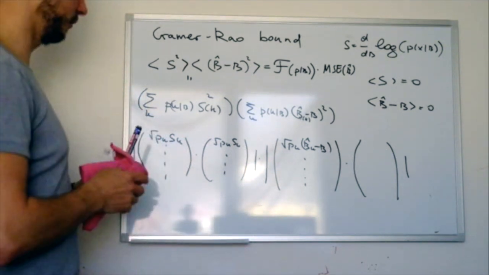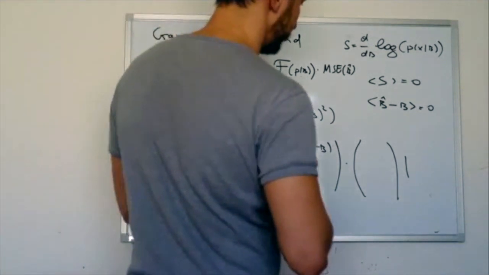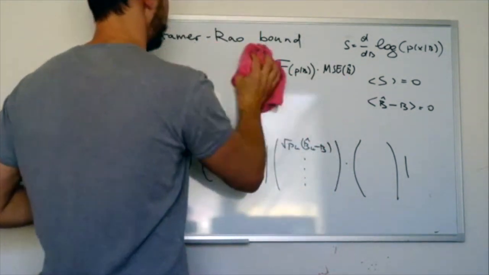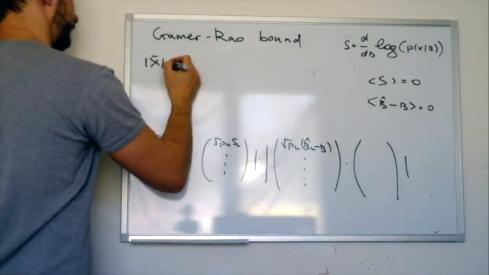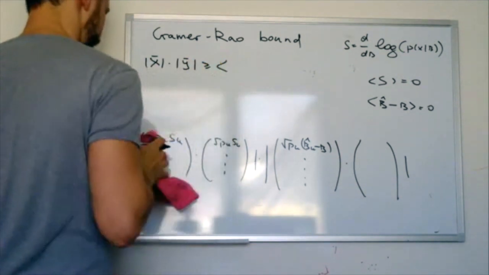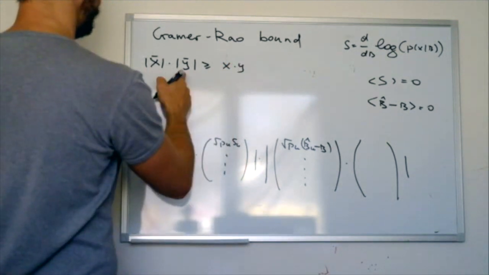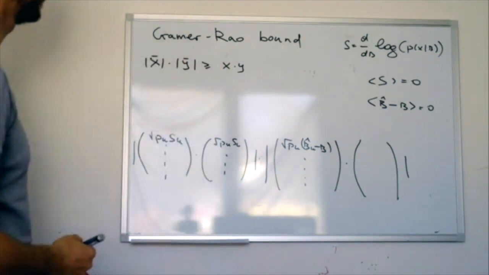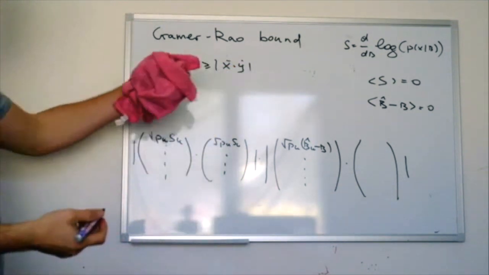And now, you might be surprised, but we are going to use Cauchy-Schwarz again. So remember Cauchy-Schwarz, it was telling us that the product of the norms of two vectors, this one and this one, is always bigger than or equal to their overlap, the absolute value of x times y. Which is a trivial statement for vectors.